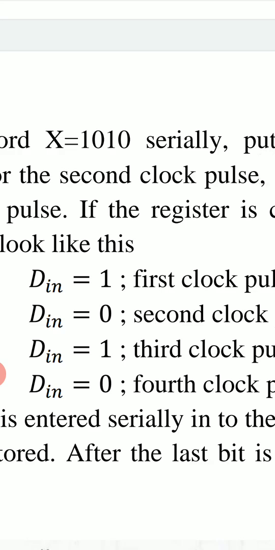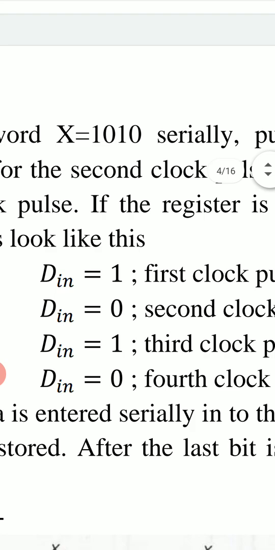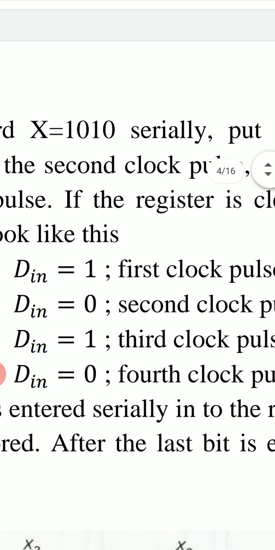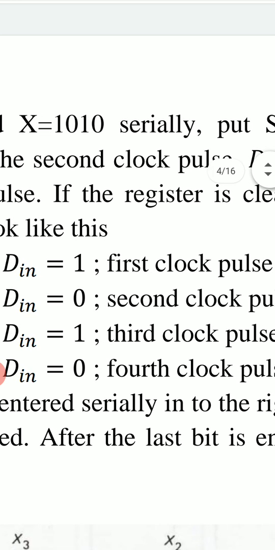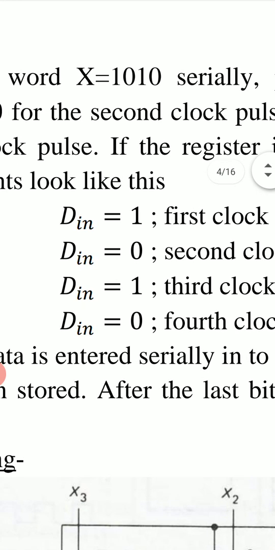So in this order we make D in: for the first clock pulse D in is 1, for the second clock pulse D in is 0, for the third clock pulse D in is 1, and for the fourth clock pulse D in is 0. 1010, as this word is x equal to 1010. In this serial order, make D in initially first clock pulse 1, then 0, then 1, then 0.